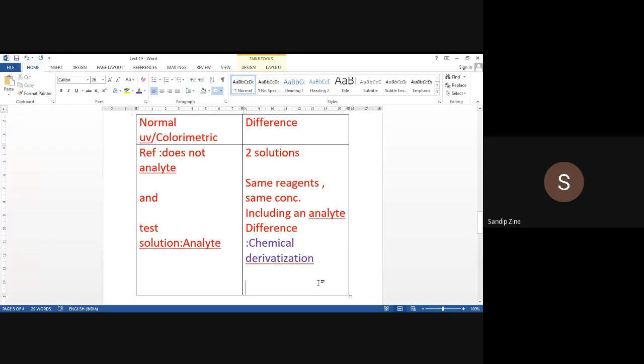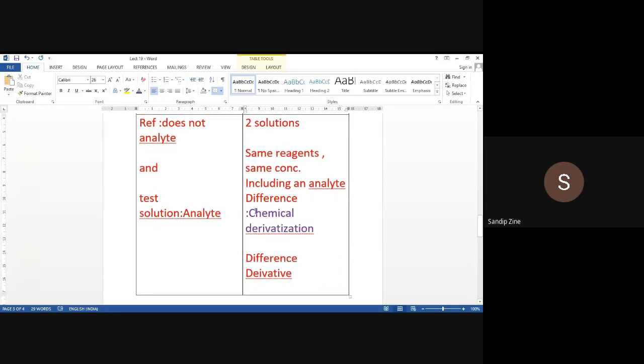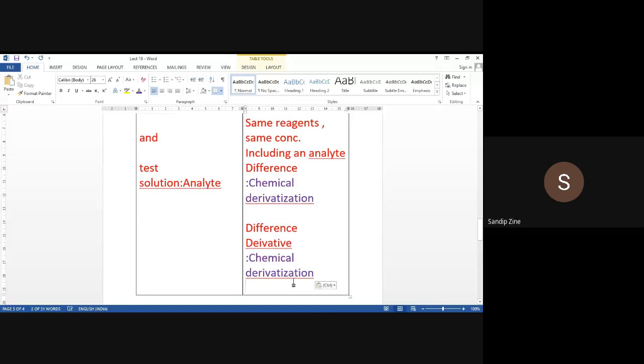And when I write difference derivative, what will be the keyword here? What should difference derivative spectrometry be? Difference spectrometry means chemical derivatization we are doing. Difference derivative means what?